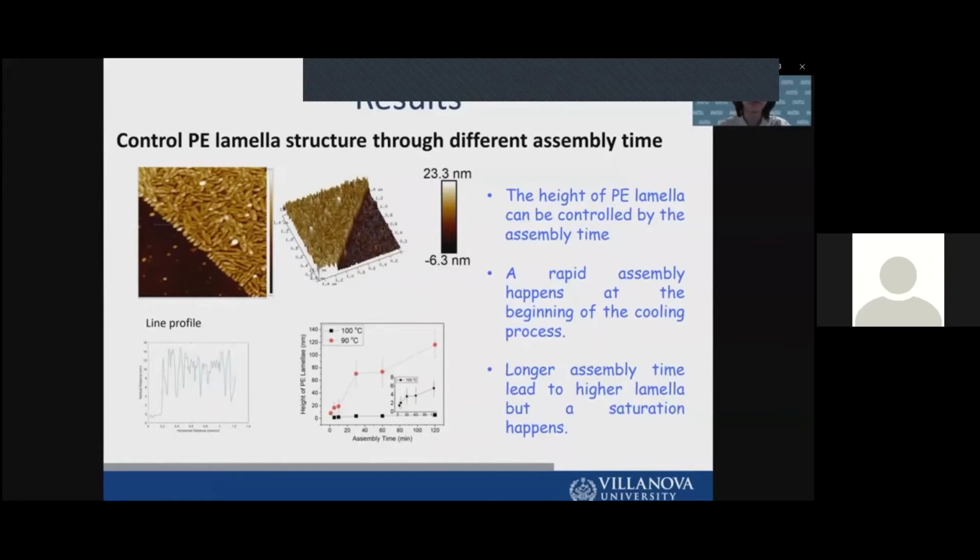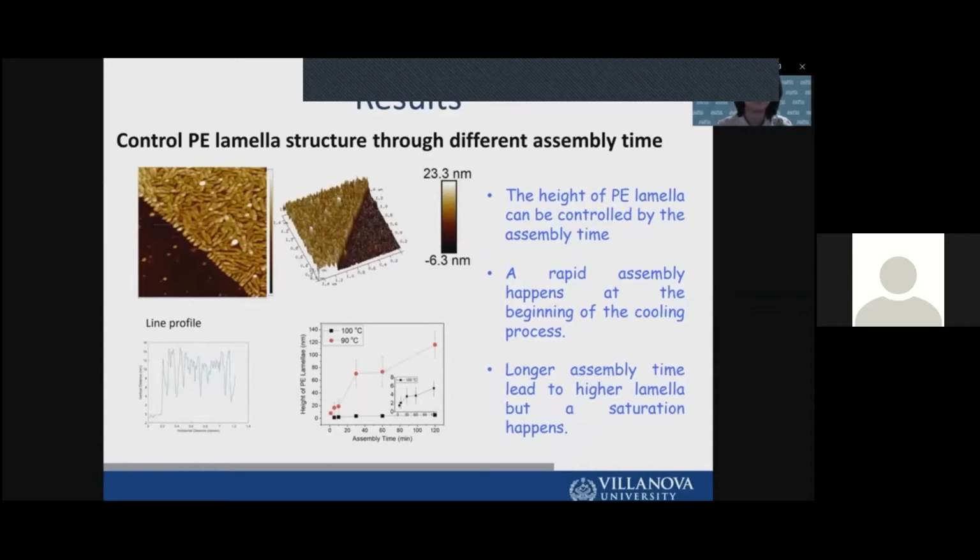We found that 90 degrees Celsius achieved the highest growth, and as the time went on, there was this sharp growth and then a kind of plateauing off. As the temperatures got higher, there was even less and less polymer growing on it. We found that 90 degrees Celsius was the best growth temperature, and the assembly time would dictate how high you wanted the polymer to grow.